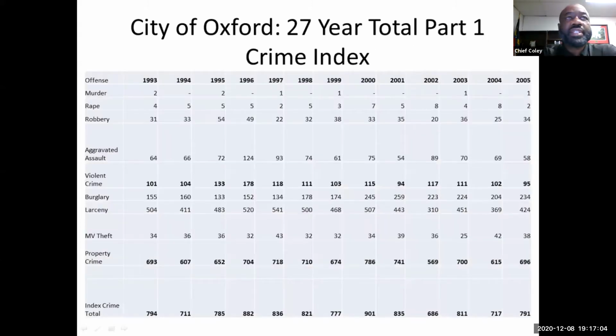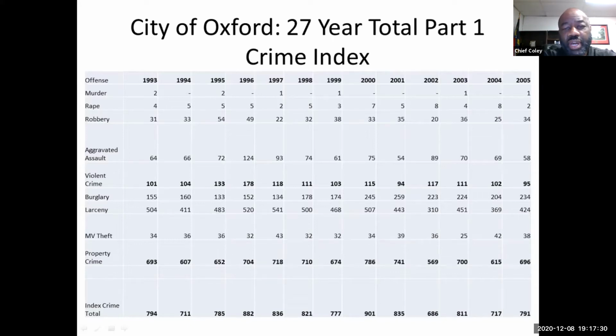Now, right here, this is just the City of Oxford's total Part 1 crime index. And there again, I kind of take us back to the beginning so that we can see where we are. If you don't know where you're coming from, you may not know where you're going. So we get a chance to look and see where we were all the way back to 1993.